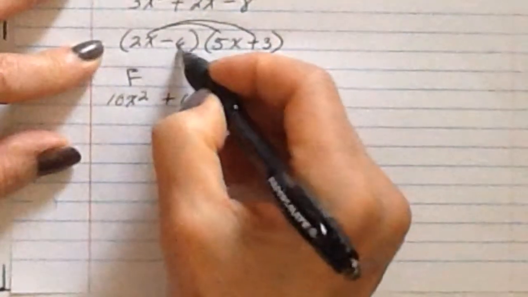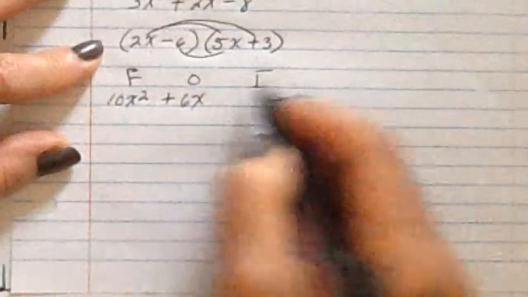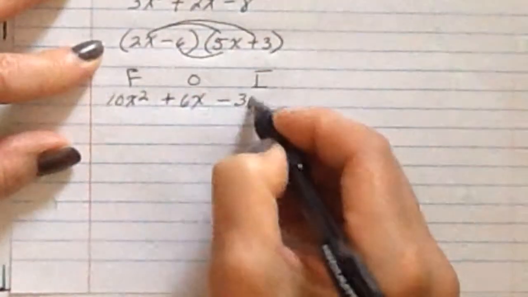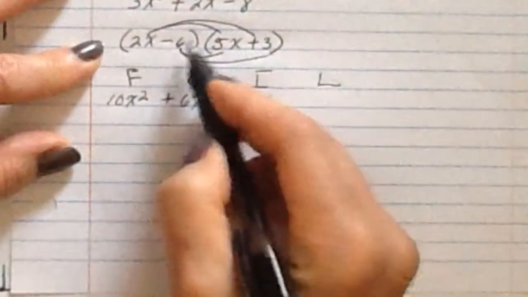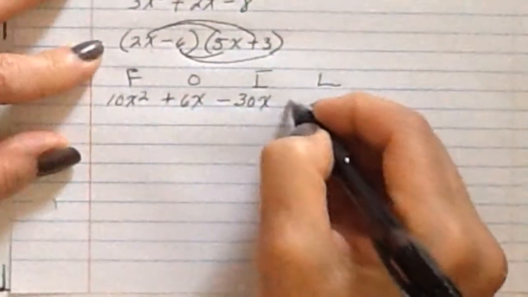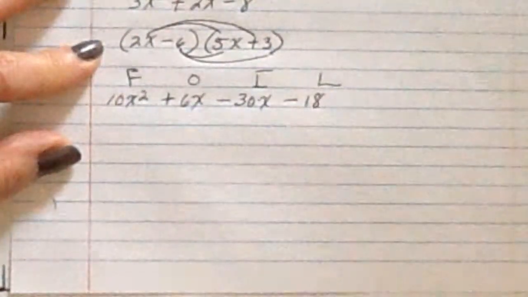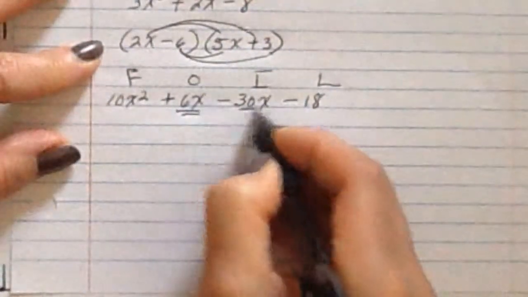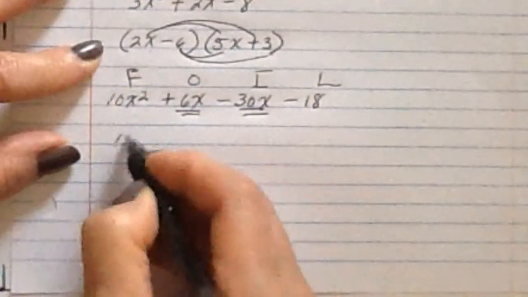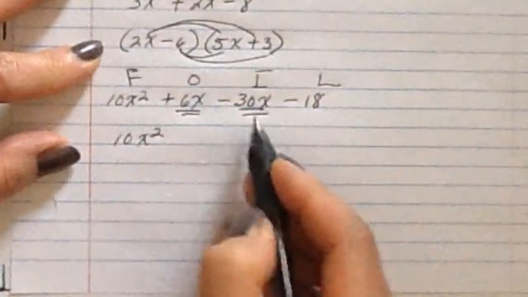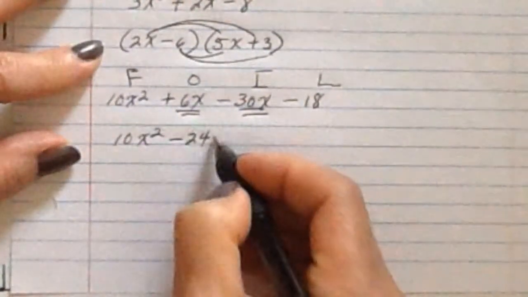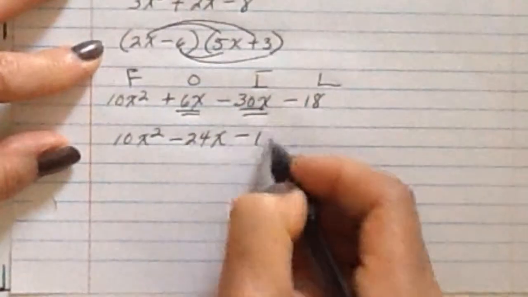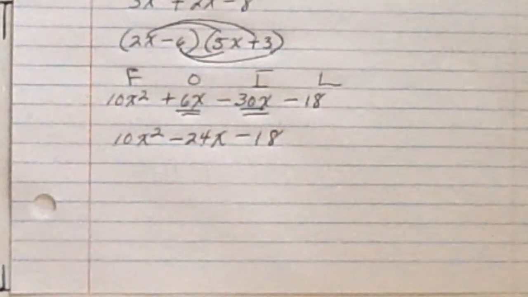Inner, negative 6 times 5x, minus 30x. Last, negative 6 times 3, negative 18. Combine like terms, 10x squared minus 24x minus 18. FOIL.